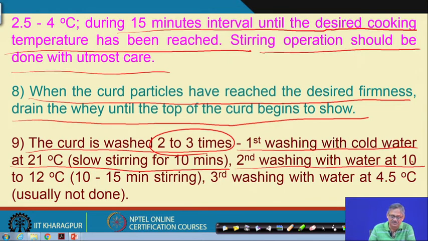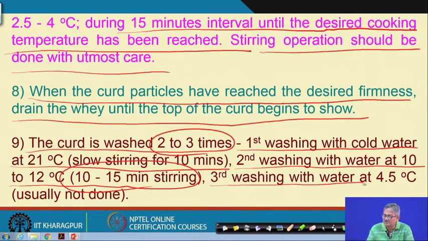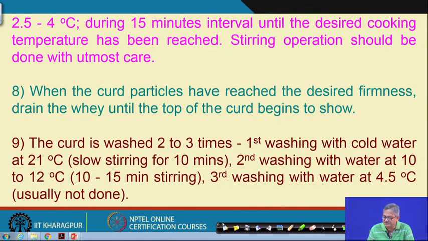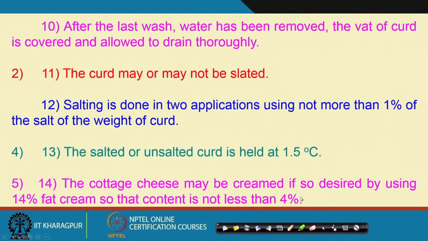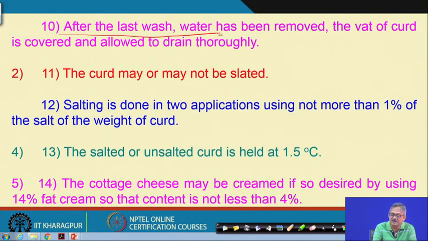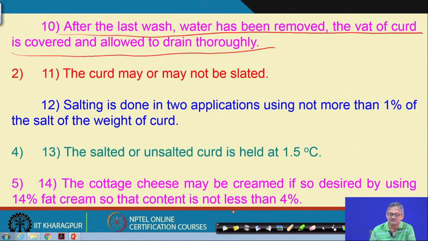Second washing with water at 10 to 12 degrees centigrade for 10 to 15 minutes stirring, and third washing with water at 4.5 degrees centigrade, and generally at this low temperature washing could be avoided. Then after the last wash, water has been removed, the vat of curd is covered and allowed to drain thoroughly.